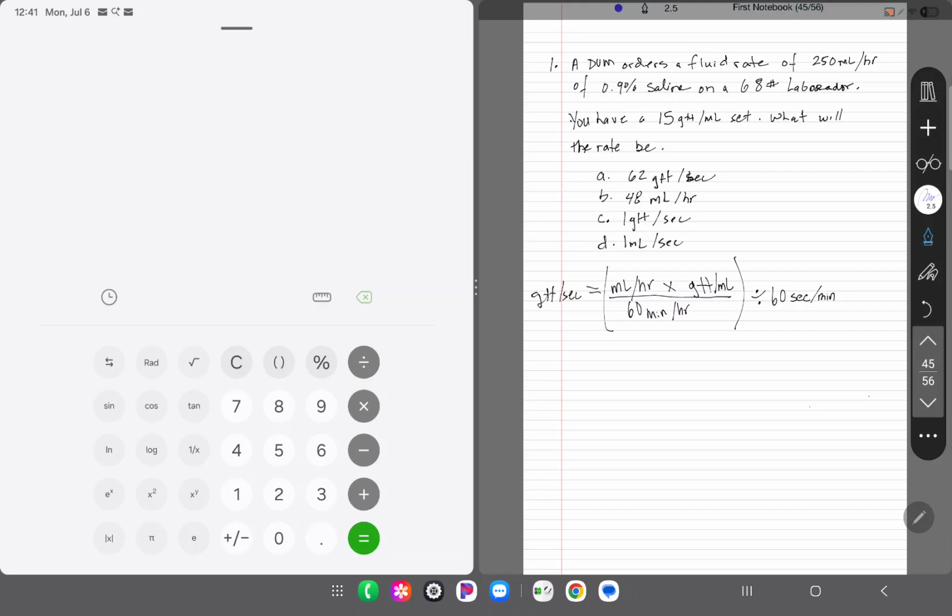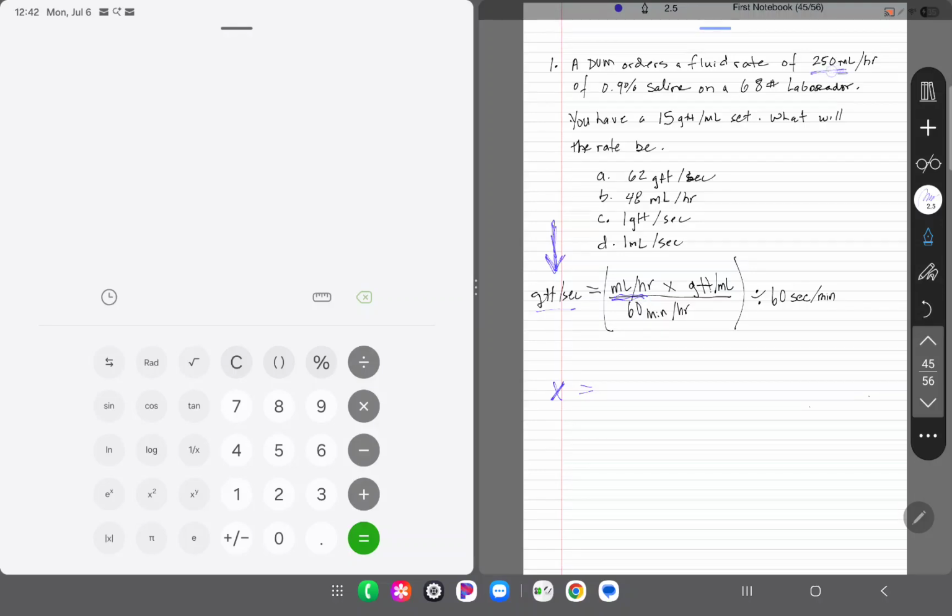Now, right off the bat, there's a whole lot of information in this that you don't need. Which pieces do you know you need? Which pieces do you not need? All right, so first thing you need to do, write out that equation. Write it out, write it out, write it out. We already know the GTT per second, that's an X. X equals what? The mils per hour, remember that has to come from a doctor.